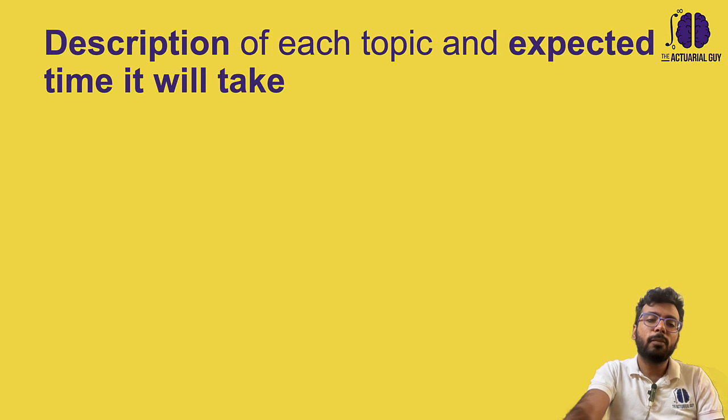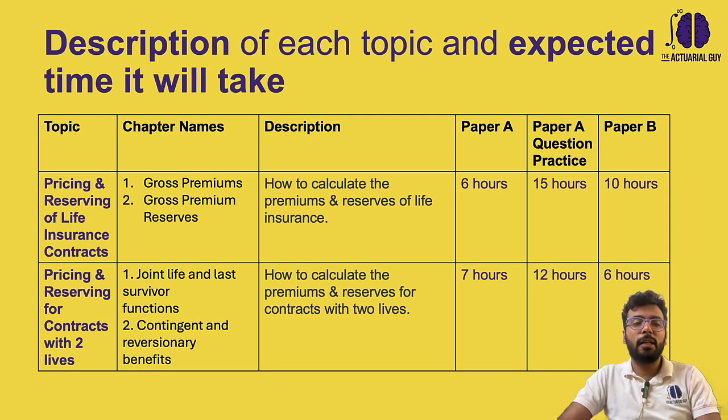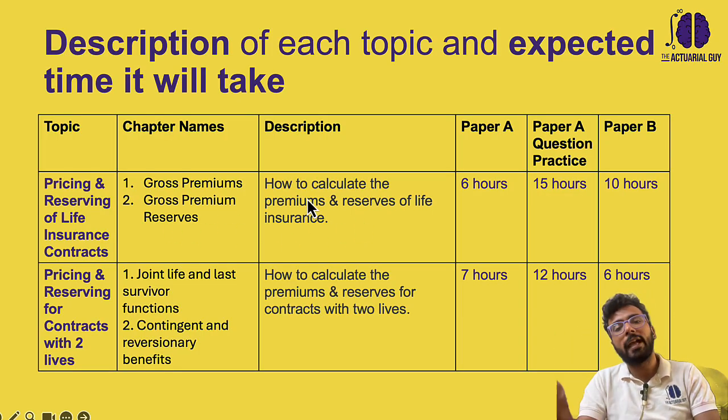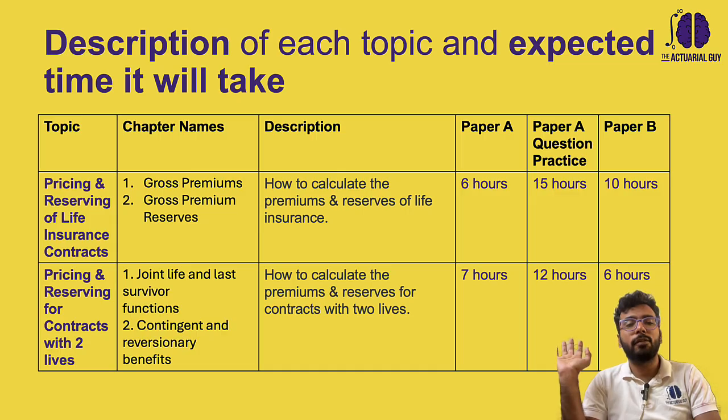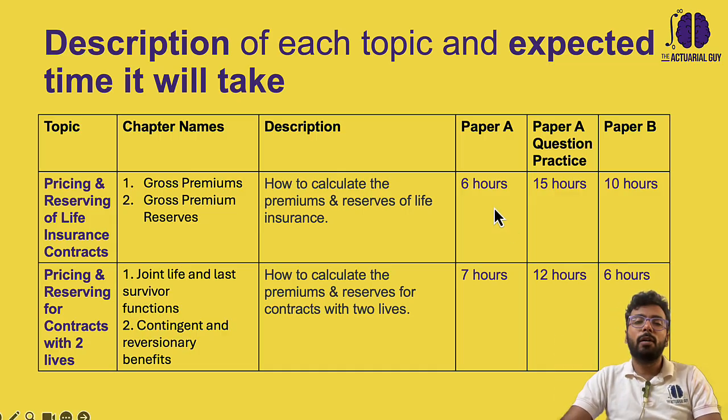Okay, great. Let's move on to the next unit, which is related to pricing and reserving of life insurance contracts. Here we talk about two ideas, which are gross premiums and gross premium reserves, which is basically about how to calculate the premiums and reserves of life insurance contracts. Paper A will take some time, about 6 hours.